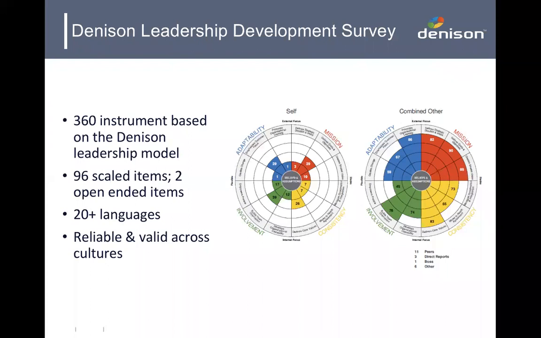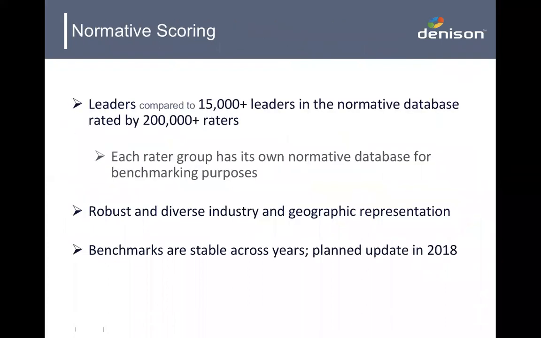So clearly they're underestimating some of the key capabilities that they have. And so this contrast between the self and the other is the core of our Leadership 360. And we also are looking at peer results, direct report results, the boss's perceptions, and the perceptions of others.